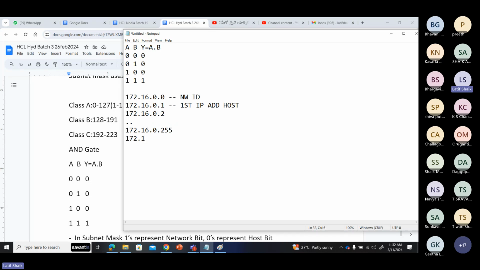If you keep writing 1.0, still the network ID is not changed. You can see the network ID is not changed. Same it goes. 172.16.1.1. So keep going, it goes up to here.